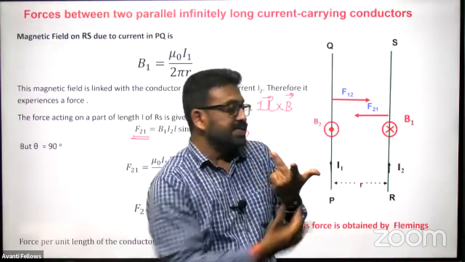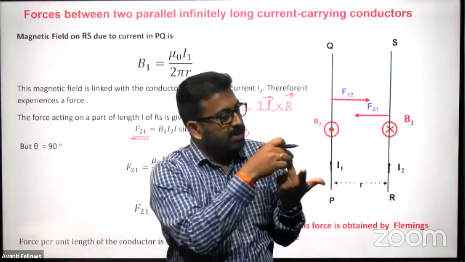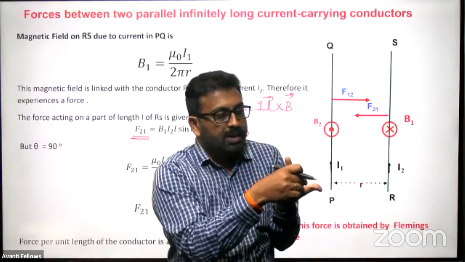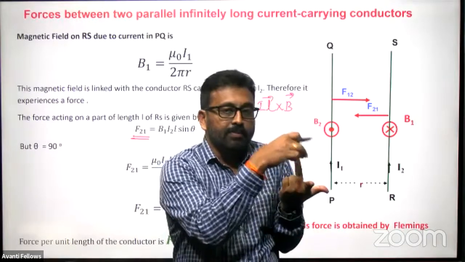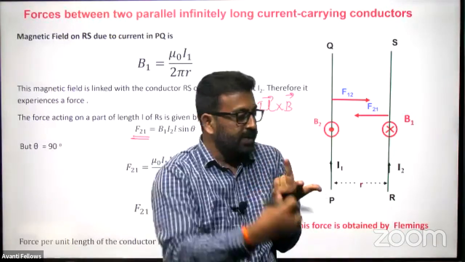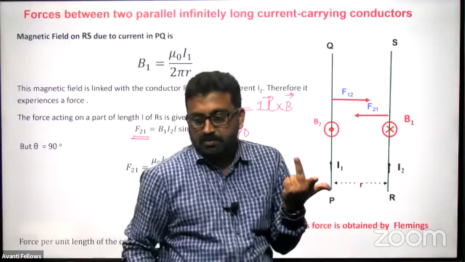I is upward, B is out of the plane, and the force will be towards right.